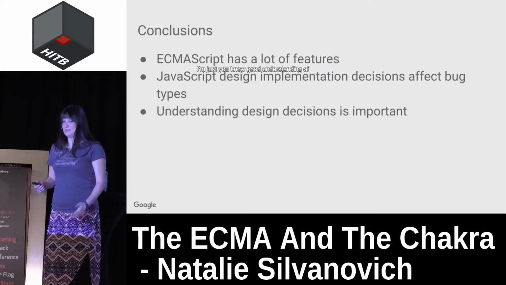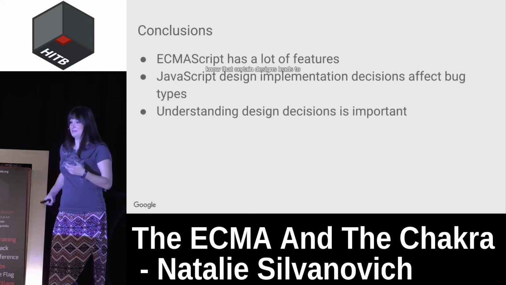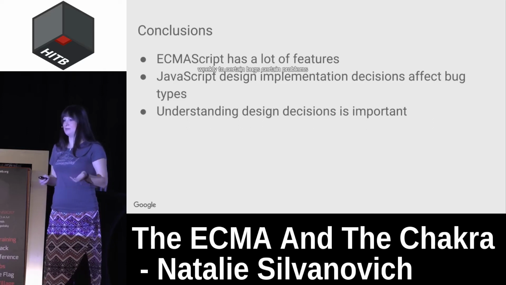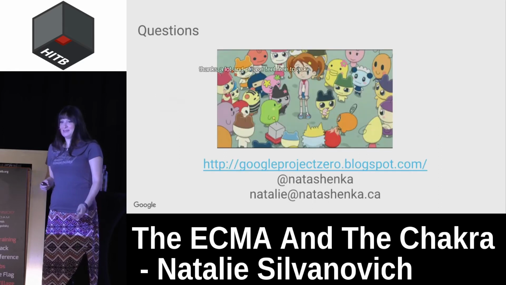But really, just a good understanding of how things are implemented really does help find bugs. And from the securing perspective, I think it's important to understand this so that you know what to avoid. Once you know that certain designs lead to certain bugs, certain problems, I think that's the first step to trying to prevent them.